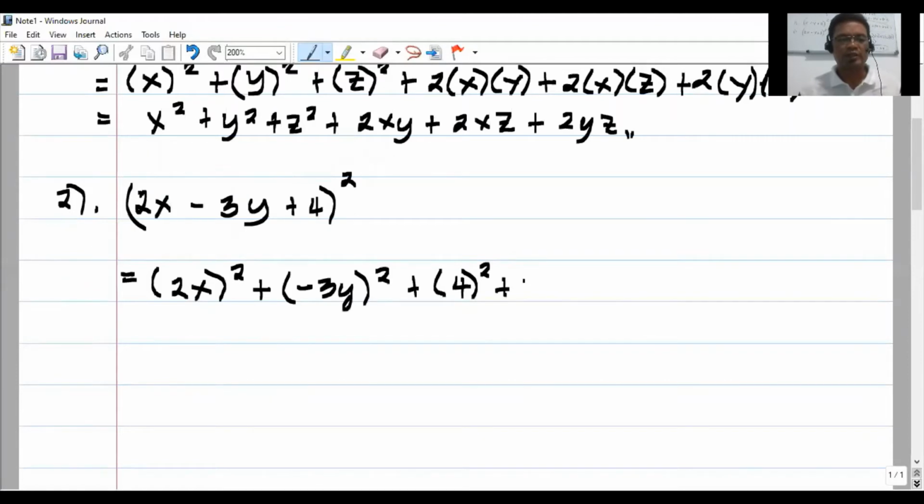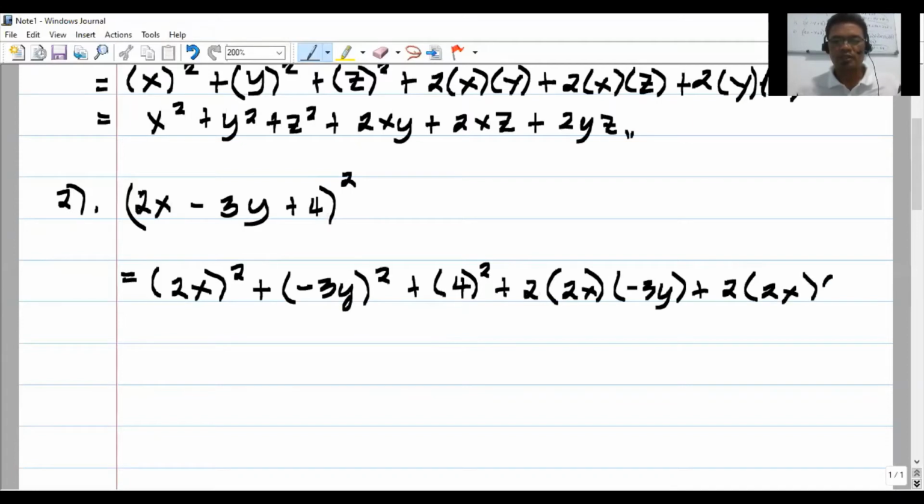Plus twice the product of the first and the second terms. Twice is 2 times the first term, 2x, times the second term, negative 3y. Plus twice the product of the first and the last term. We have 2 times 2x times 4 plus, okay, twice the product of the second and the last term. We have 2 times negative 3y times 4, okay?